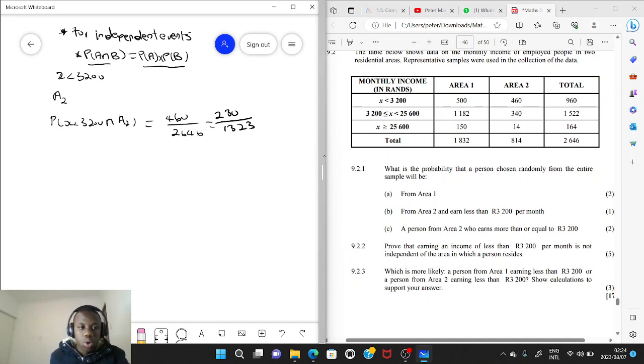I don't care whether that person lives in area 1 or area 2. So I want the total, which is 960. So I'll have 960 over the total space. I'll have 960 over what?